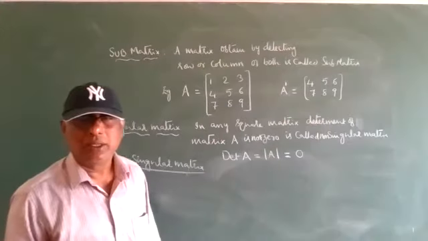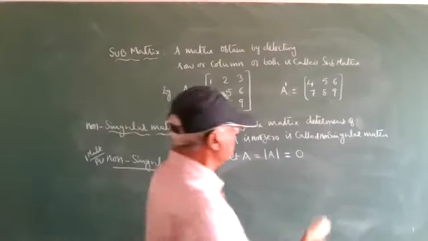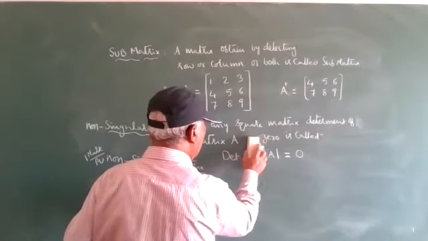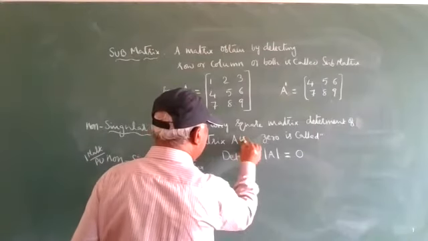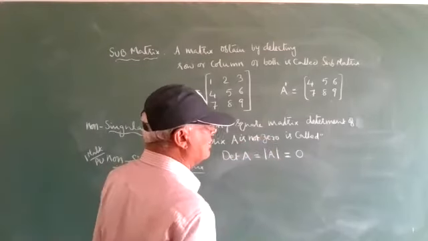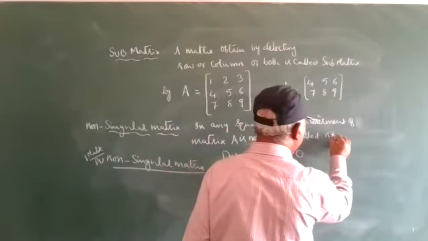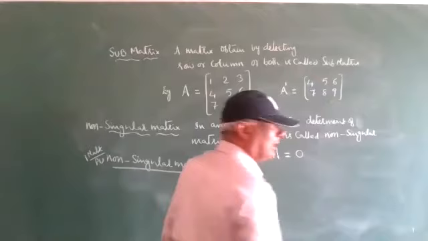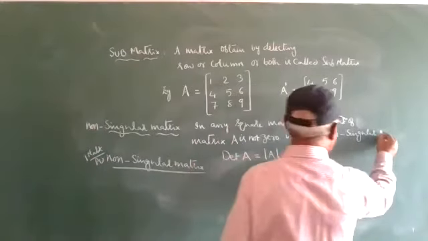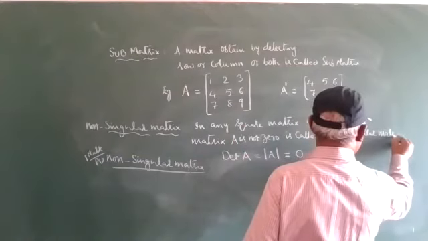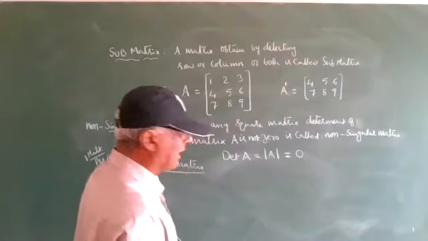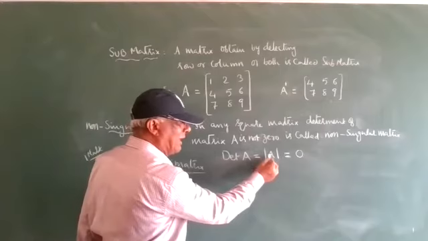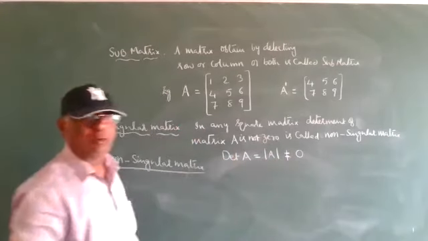Non-singular matrix: the determinant of A, represented by det of A or two lines of A, is not equal to 0.